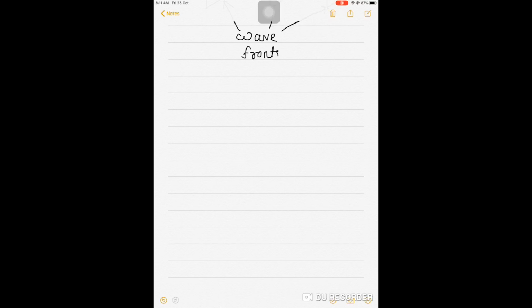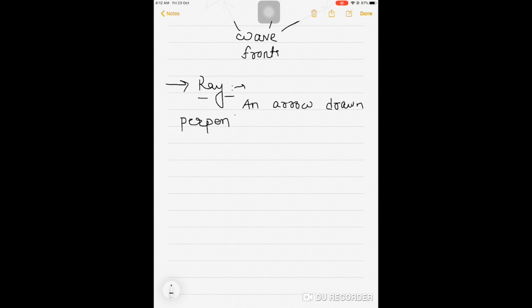So here in above figures, if we want to define the ray of light, we can say that an arrow drawn, the red colored arrows that we have drawn, an arrow drawn perpendicular to the wavefront, but in which direction?